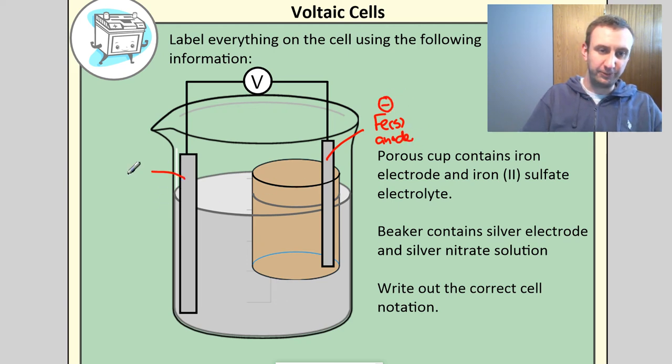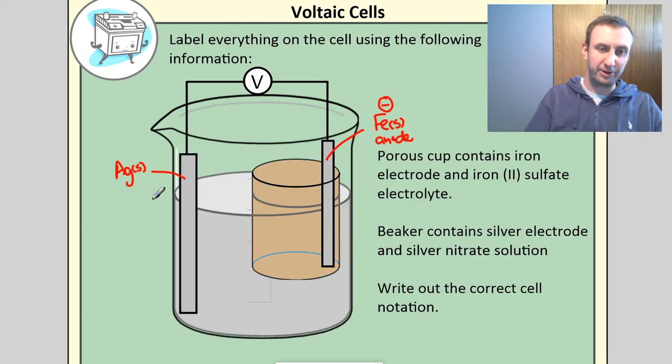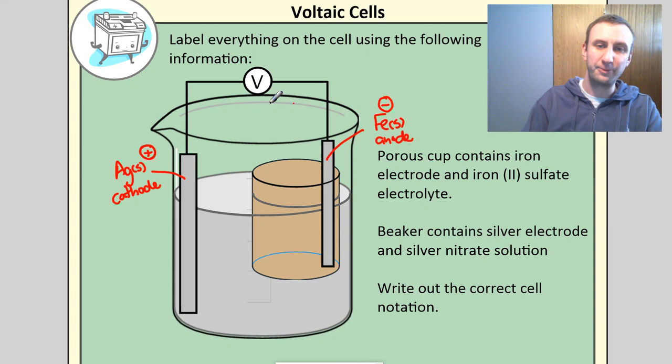And then this is silver, Ag solid. This is where reduction happens, because my silver reaction is my reduction. So this is my cathode, and it's going to be the positive terminal of this cell. When I talk about negative and positive, all this actually means is that electrons come from the negative end of the cell. That's what that is saying.